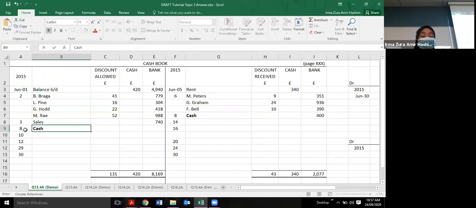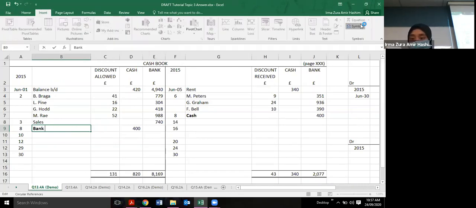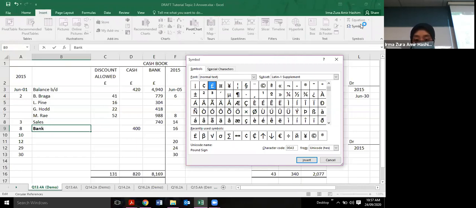Your cash increases. This is bank. So under cash account, your cash increases. So 400. Okay, this is contra. Usually contra you have this sign. Where's the sign? Oh, here.